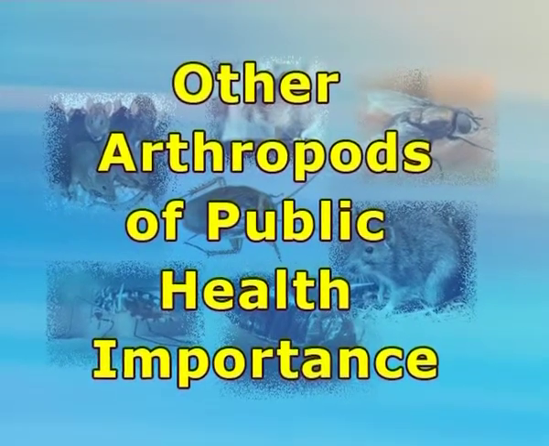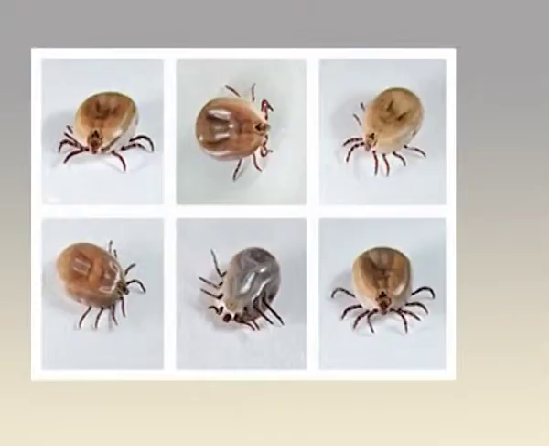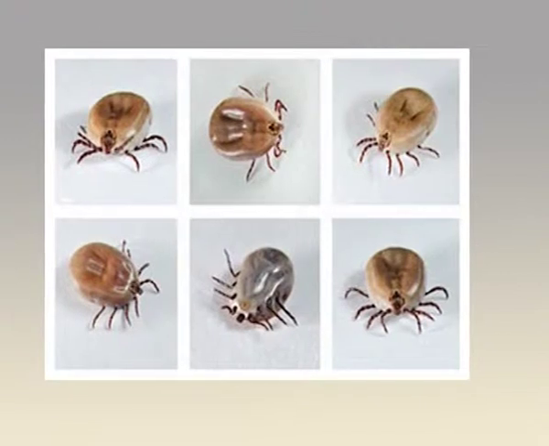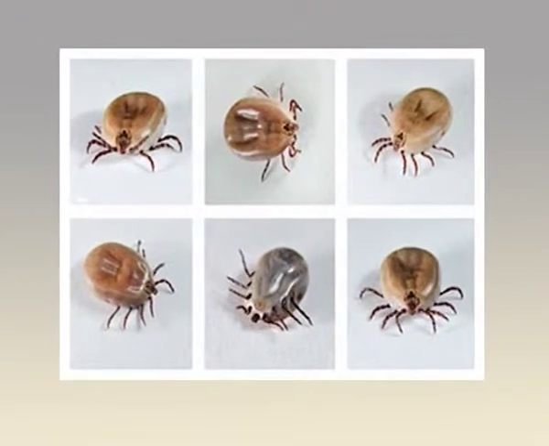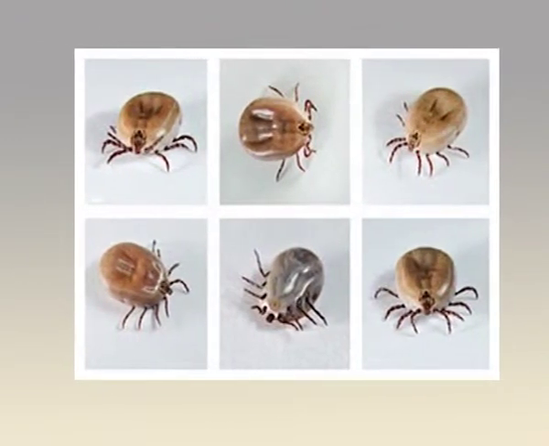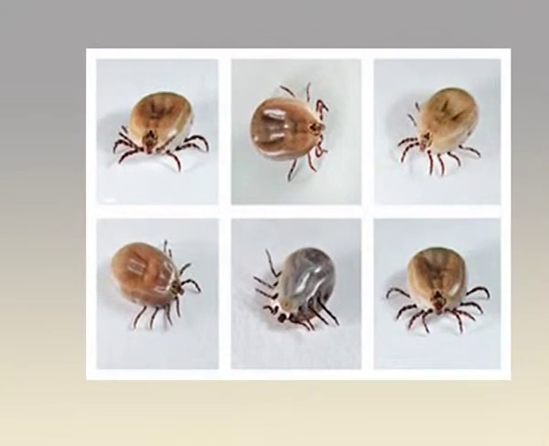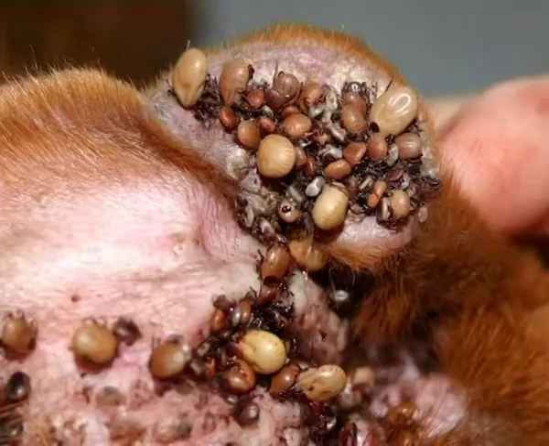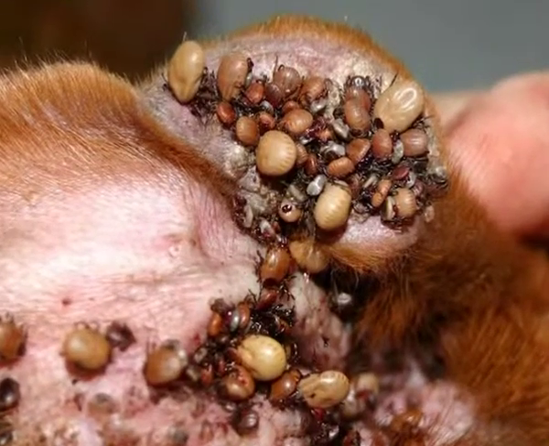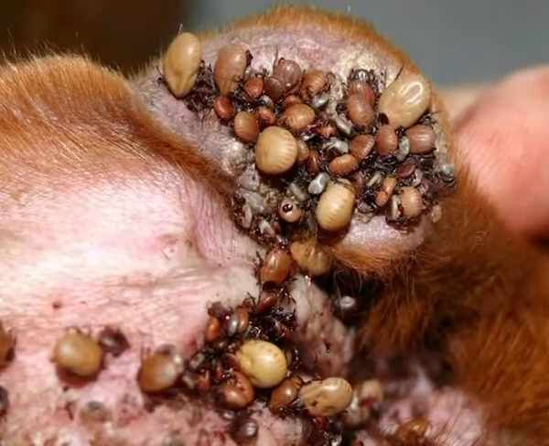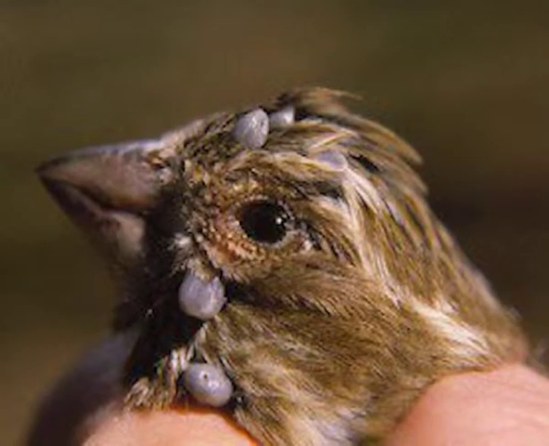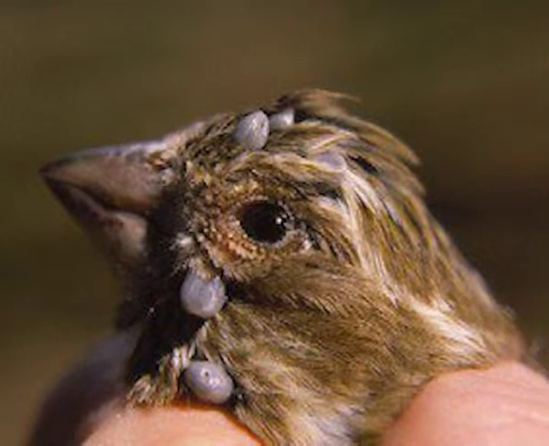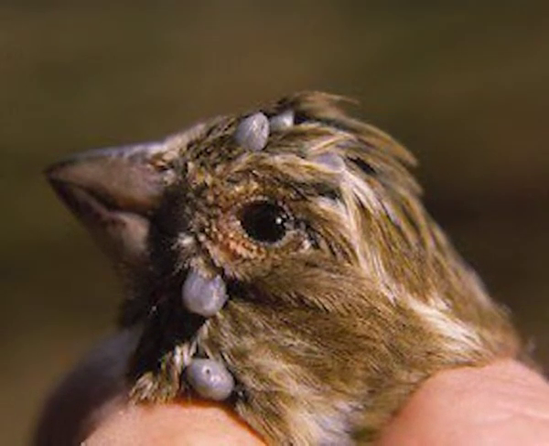The other arthropods of public health importance are the subclass Acari, which is a tick. Ticks are small arachnids in the order Parasitiformes. Along with mites, they constitute the subclass Acarina. Ticks are ectoparasites, external parasites, living by hematophagy on the blood of mammals, birds and sometimes reptiles and amphibians.